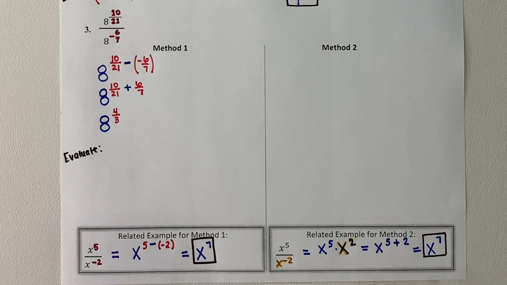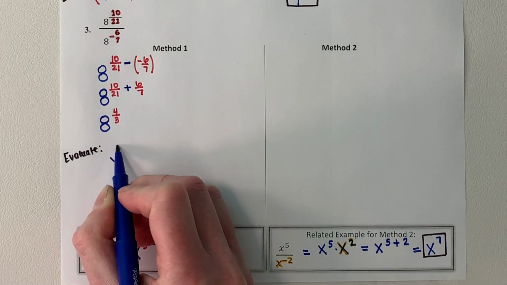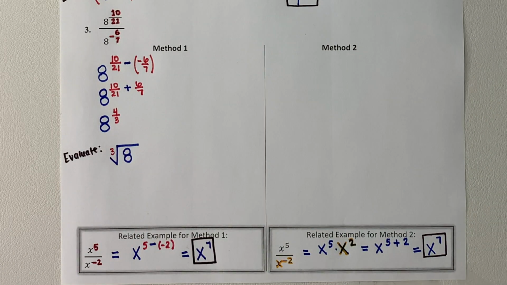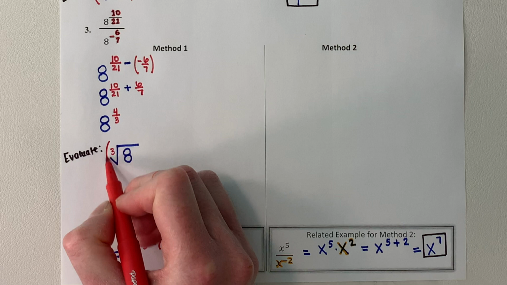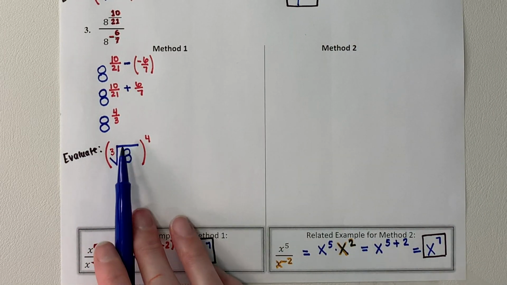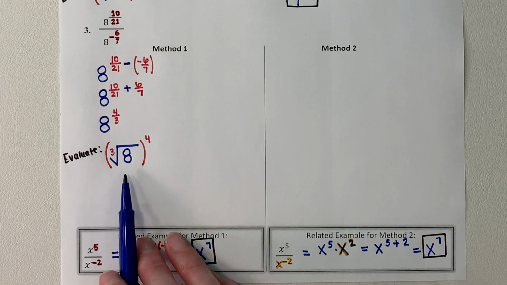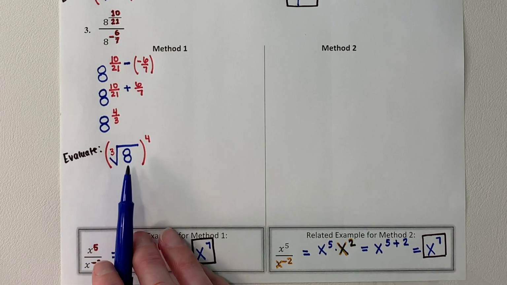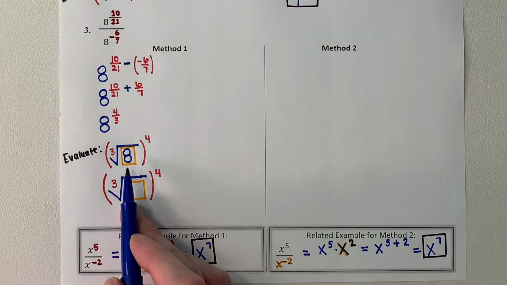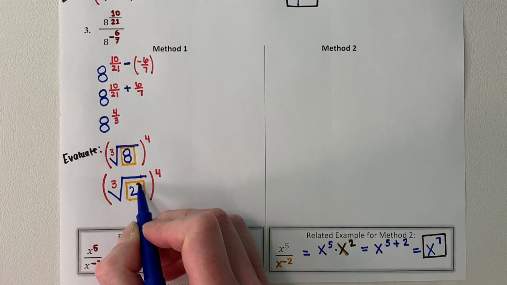To write this as a radical, we start by putting the 8 underneath the radical symbol. The denominator becomes our index, and then we put the numerator as an exponent outside of our radical. Now, you might know the cube root of 8 by heart, but just to practice the strategies that we learned in 6.1, since this is the cube root, let's rewrite 8 as some quantity cubed. 8 can be written as 2 cubed.